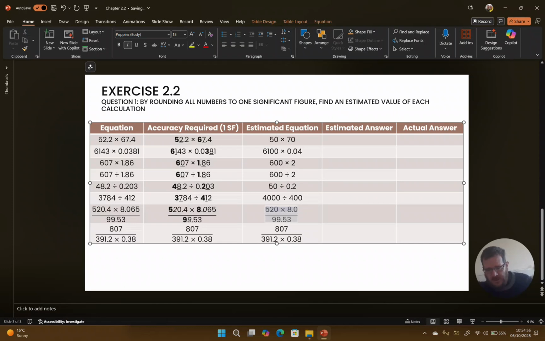Those decimal points we can ignore as well. I'm just going to round that up to 2 decimal places for the moment, because that's 8.065.